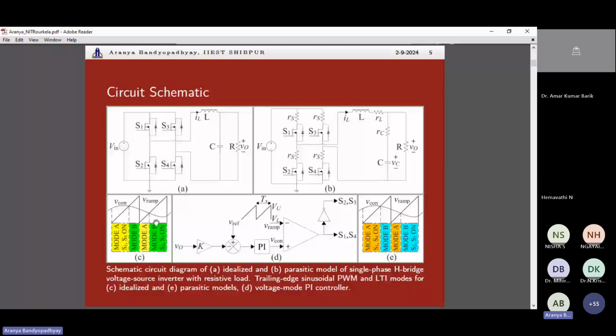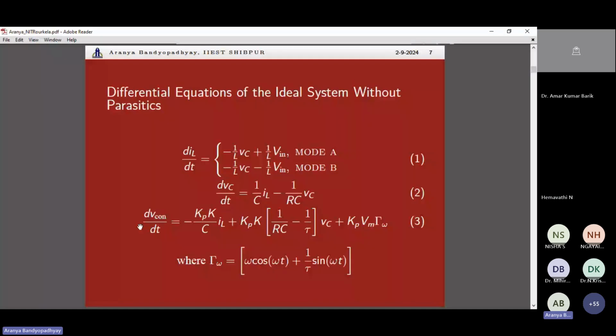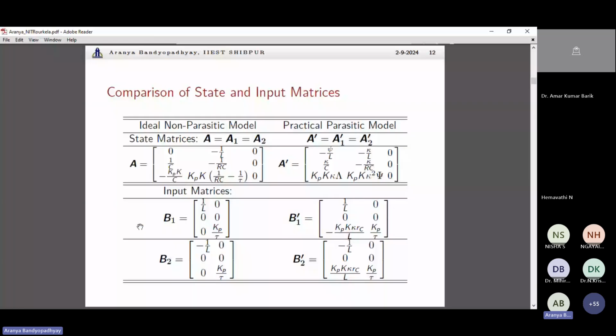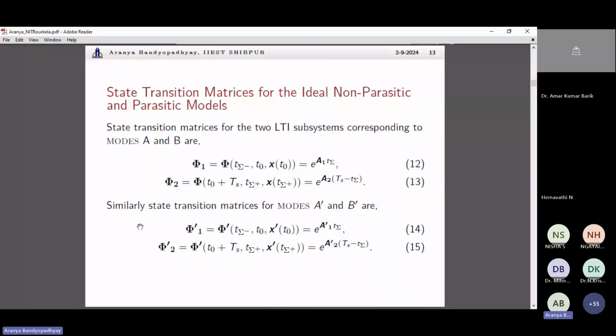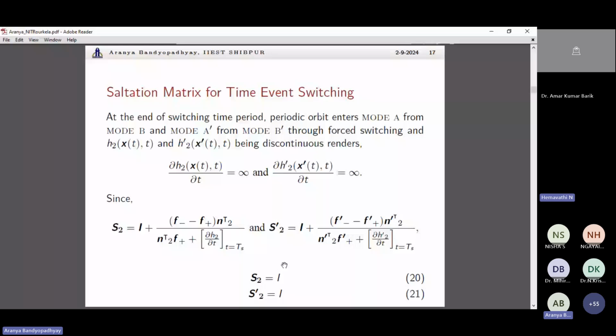You will see that del H del T, the rate of change of the switching surface, tends to infinity, while T tends to 0. Isn't it so? That's what makes our case a little bit simpler when we are dealing with either the leading edge or trailing edge type of modulation scheme. The state transition matrix for this case will be an identity matrix.